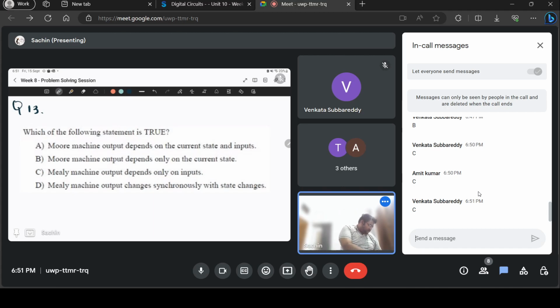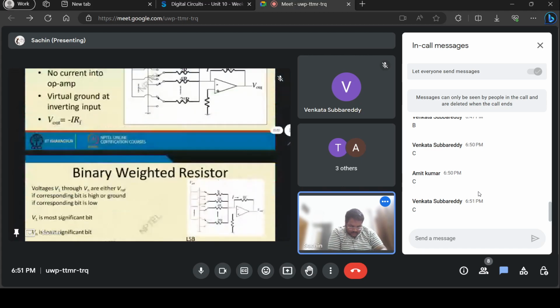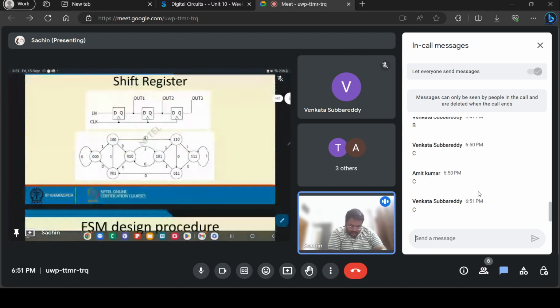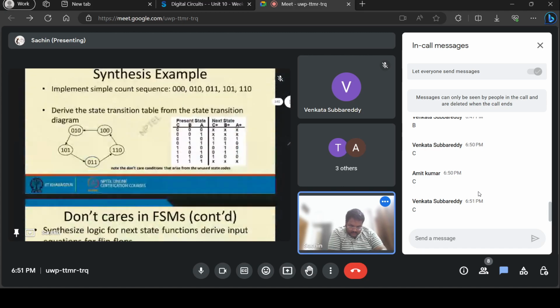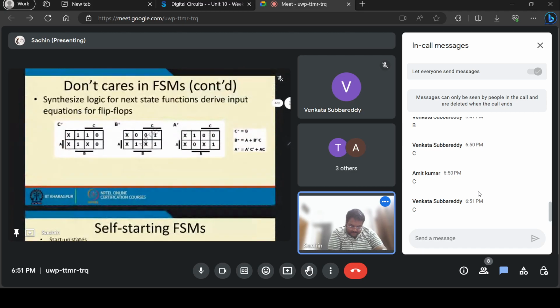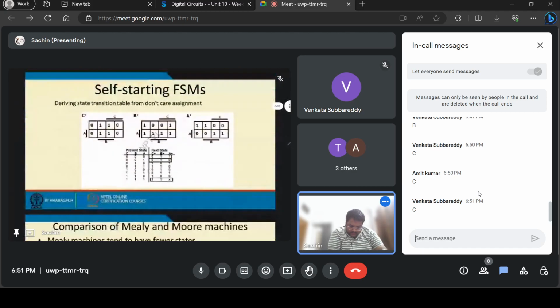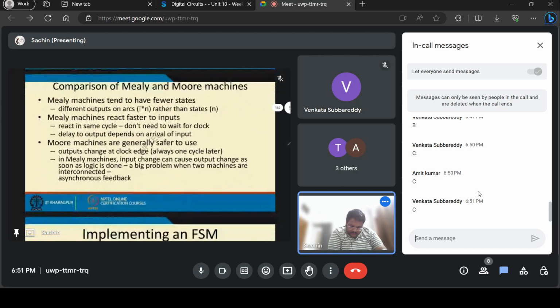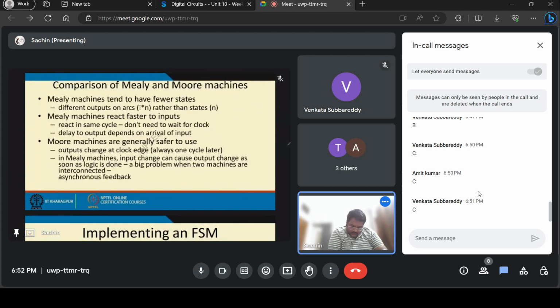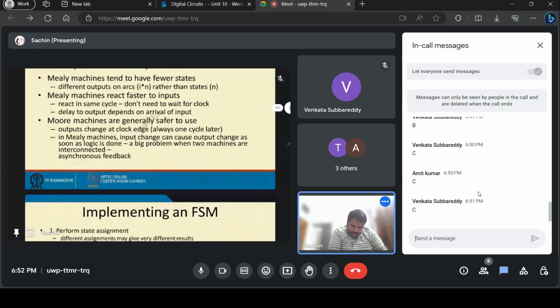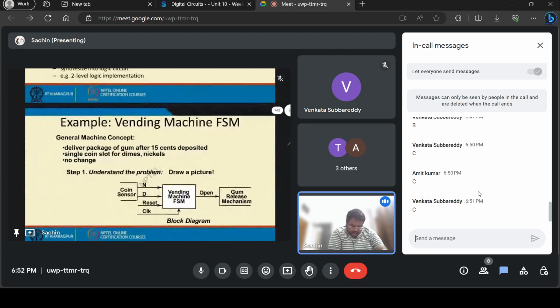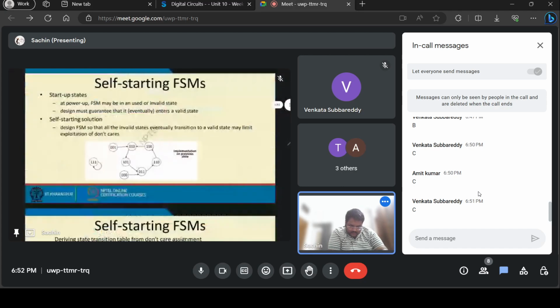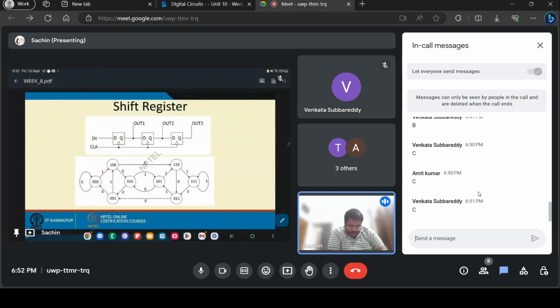See, let's check binary state machines or somewhere here, right? I guess it's not here in this lecture. Maybe it was in week 7.